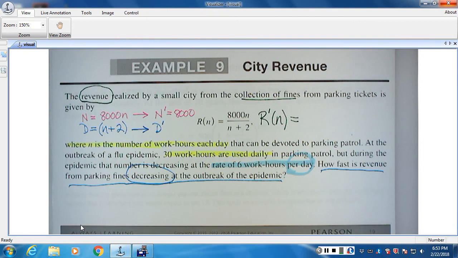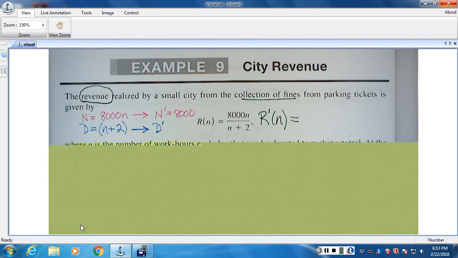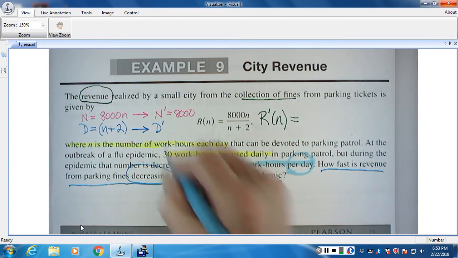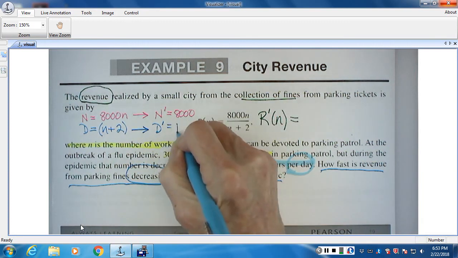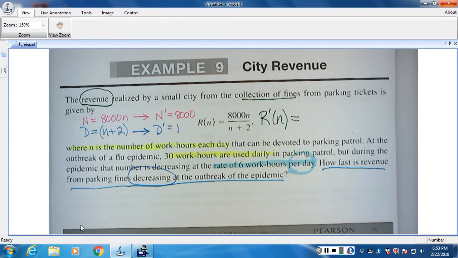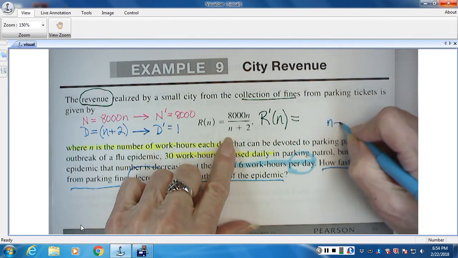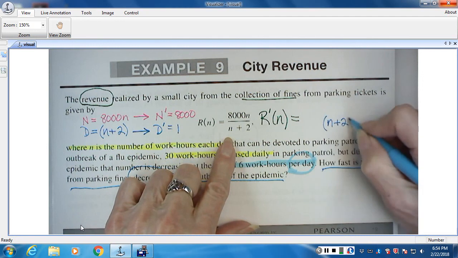Because that's 1 times n to the first power, so its derivative is 1, and the derivative of the plus 2 is 0, so we don't bother to write that down. And then because it's a quotient, we're going to start off with the denominator. And we're going to square it.